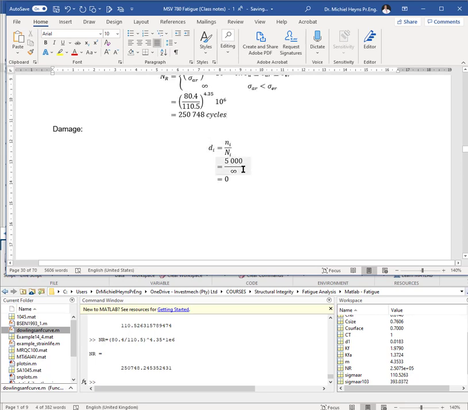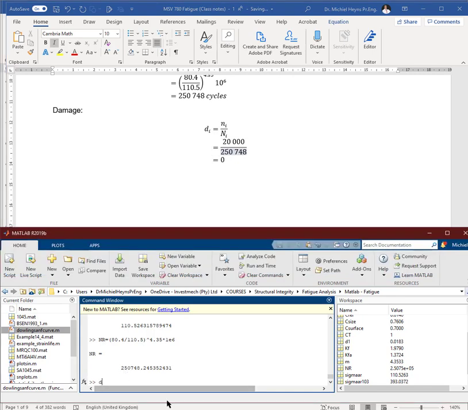And now we can apply it here. So this will become 20,000. And there at the bottom we will have 250,748 cycles. And if I calculate D, D2 in this case was equal to 0.